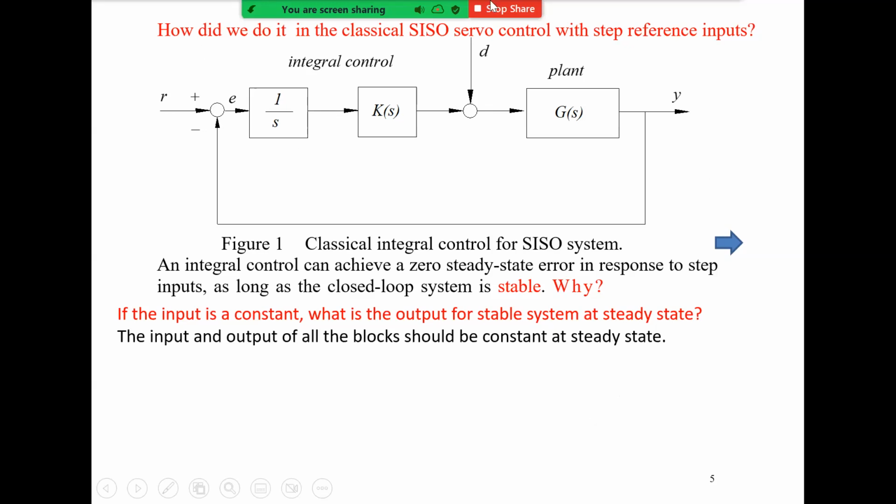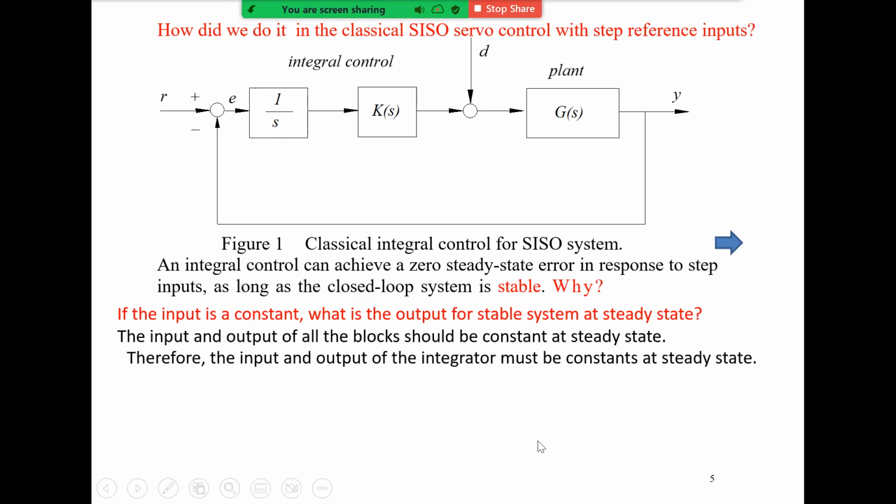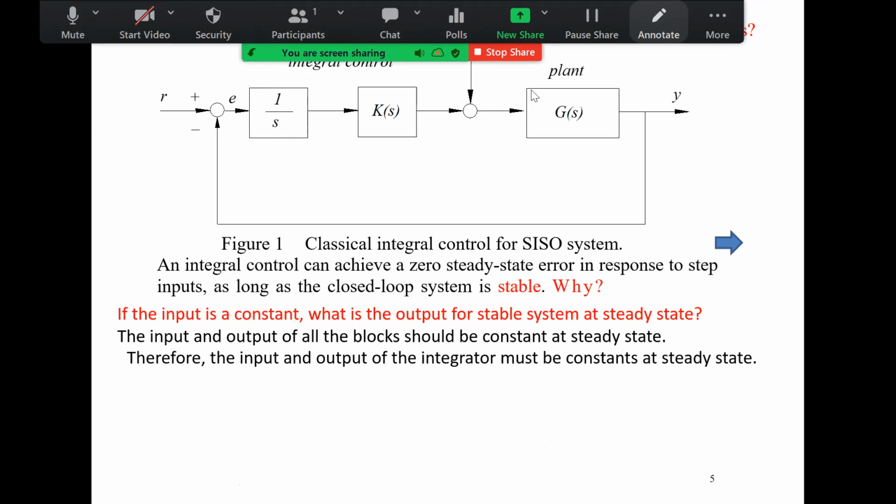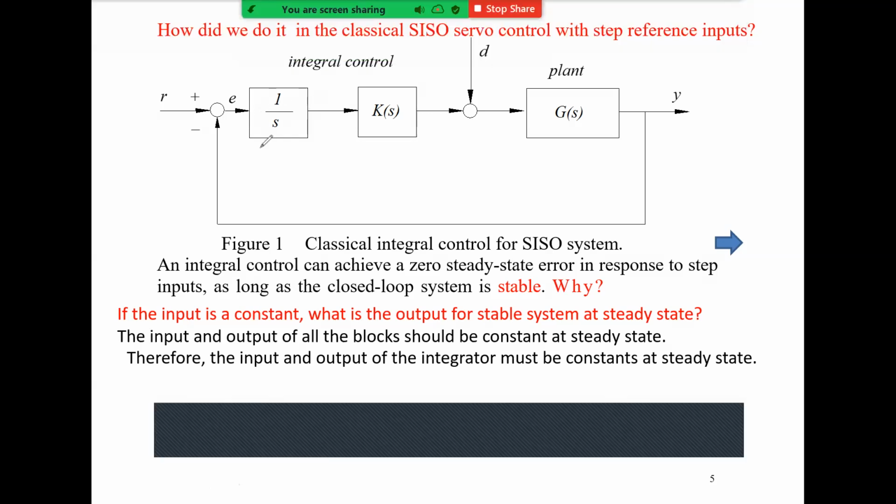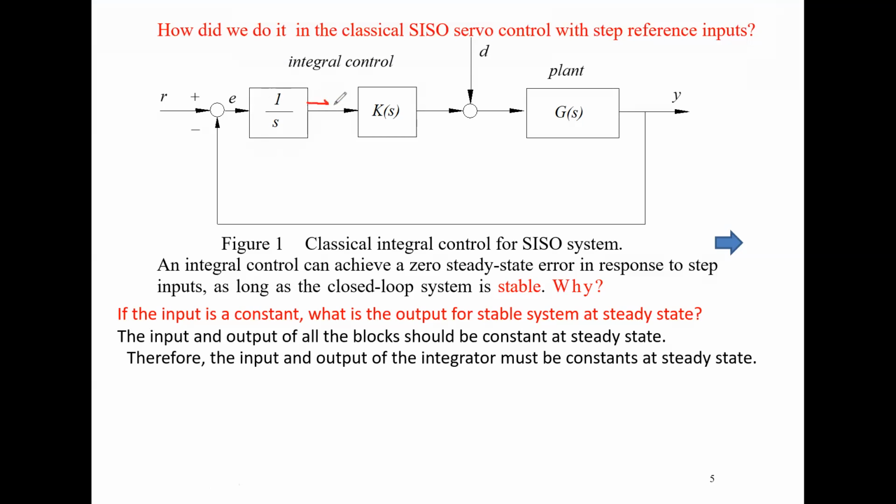So now let's just zoom in on the integrator. So here we say that if we just zoom in on this integrator, at the steady state, this is a constant. The output will be a constant.